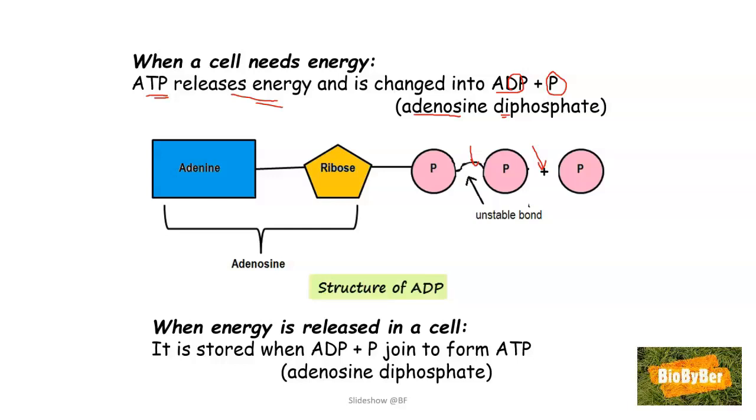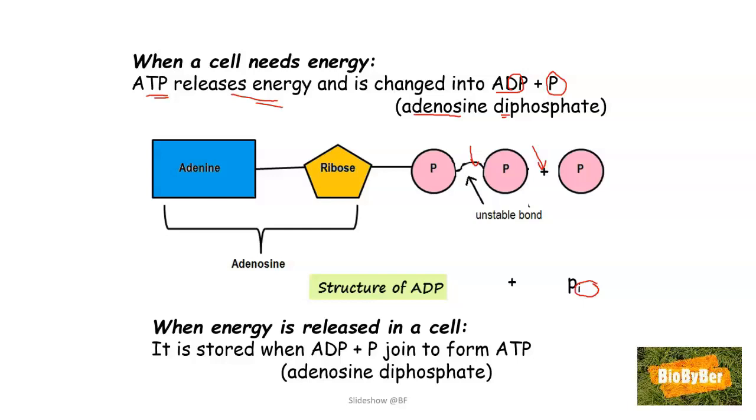ATP now becomes ADP and a phosphate group. You can see it has only 2 phosphate groups, adenosine diphosphate. We have included the little abbreviation here, the letter i, because on occasion you might see that written down and it stands for inorganic phosphate.